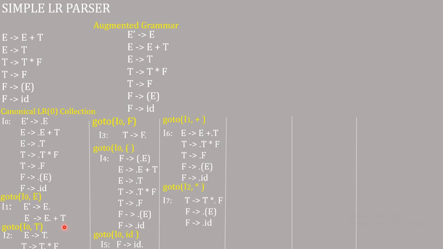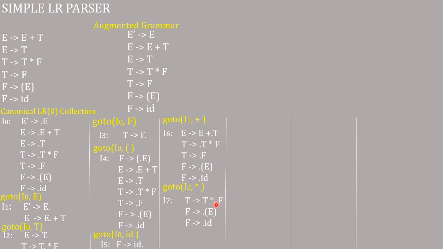When we implement this function, we get a rule like T tends to T star dot F, just shifting the dot symbol after the star.